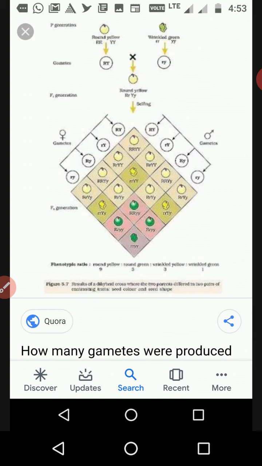Clear? All the heterozygous are there, and each factor comes from one parent.